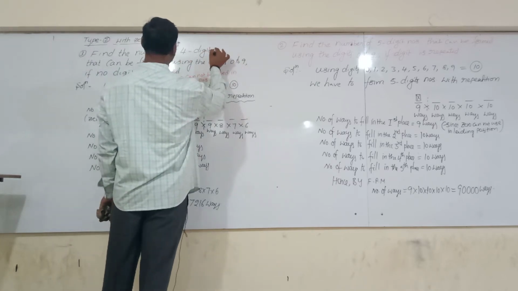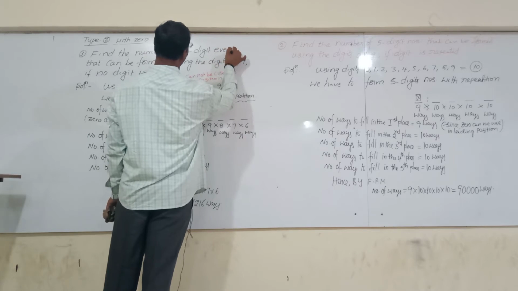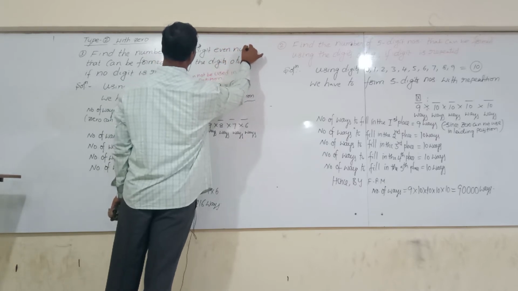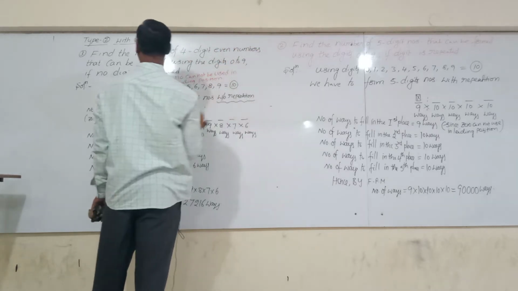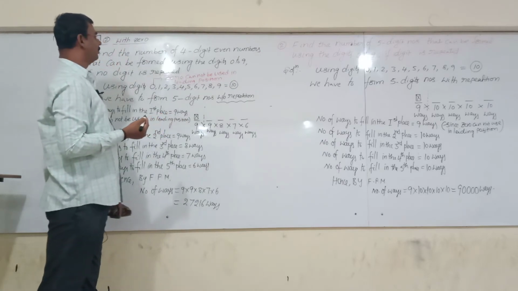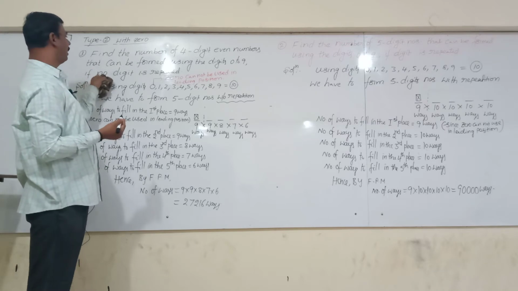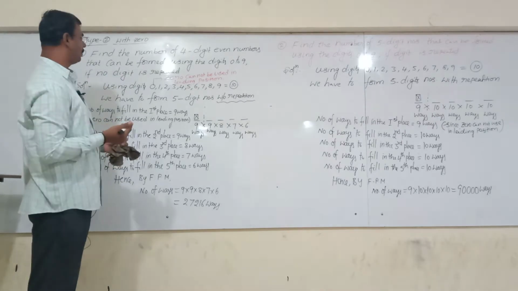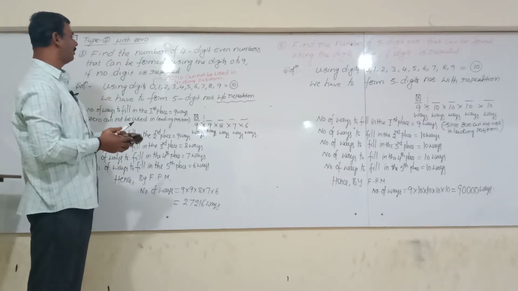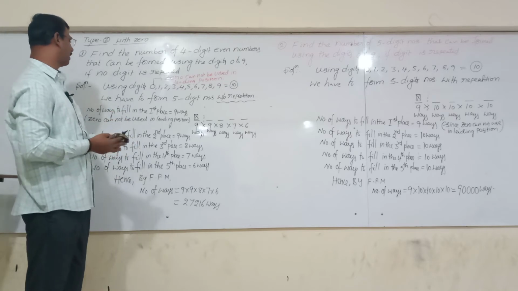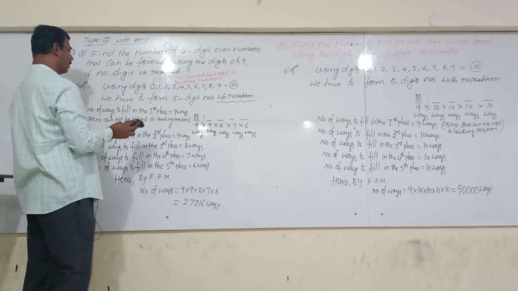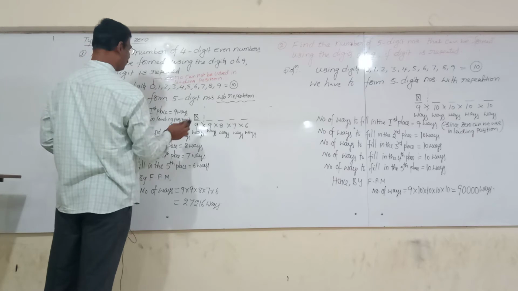Find the number of 4-digit even numbers that can be formed using the digits 0 to 9 if no digit is repeated. Okay, this is the question.